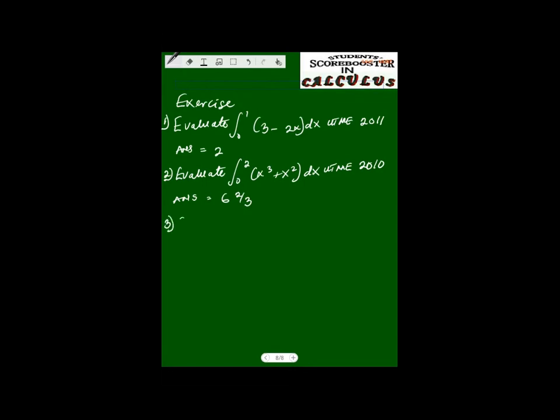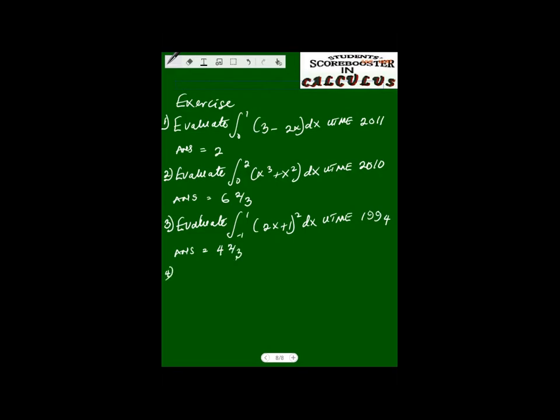Then number 3, evaluate again from -1. You can see the questions are somehow similar, but not the same. This is UTME 1994, and most likely your answer will be 4 whole number 2 over 3.